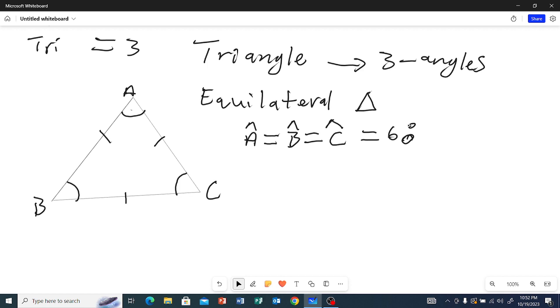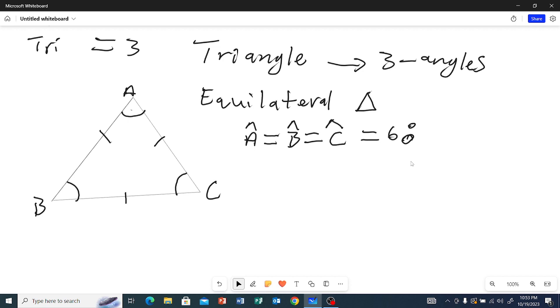Not Celsius, Celsius is temperature. The statement I've written means angle C is 60 degrees, angle B is 60 degrees, angle A is 60 degrees.